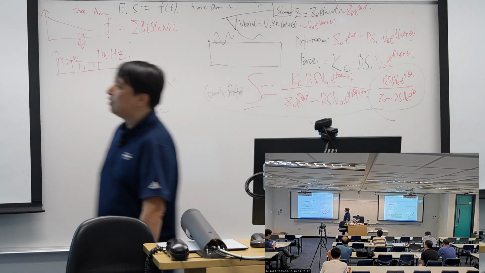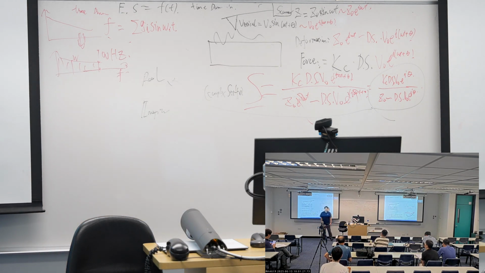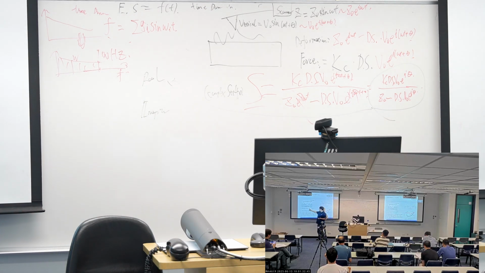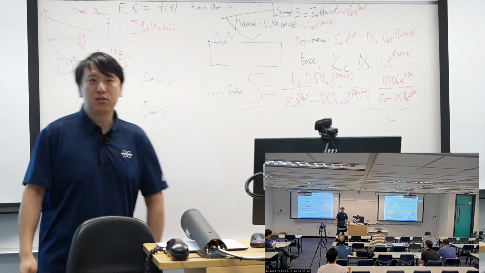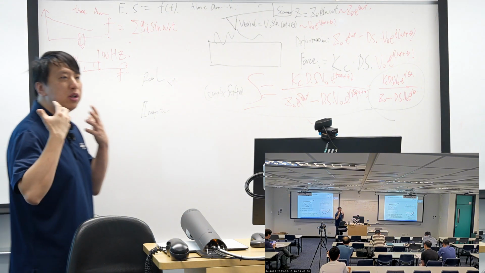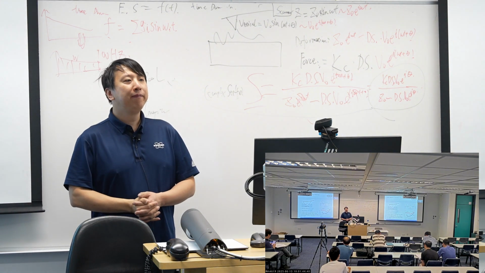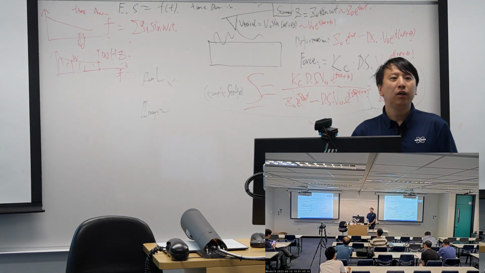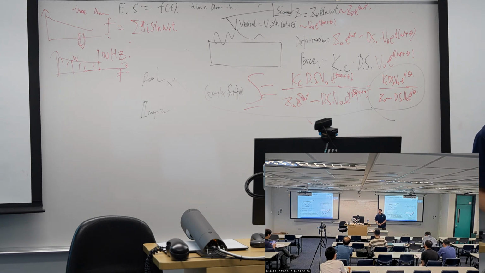We need to get the modulus out, so we still take the Hertz model. The modulus equals the stiffness divided by 2AC. For the AC, again, we need to know the shape of our probes. If we are using a cone, we use the slider model. If we are using a cylinder, we use the radius of the cylinder. If we are using a sphere, we use the radius of the sphere.